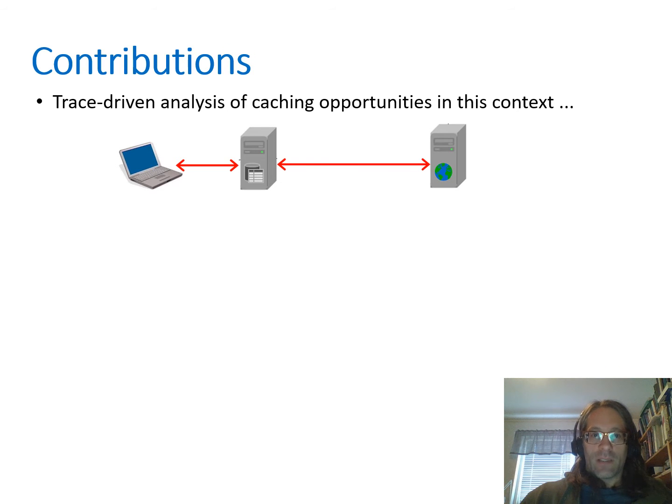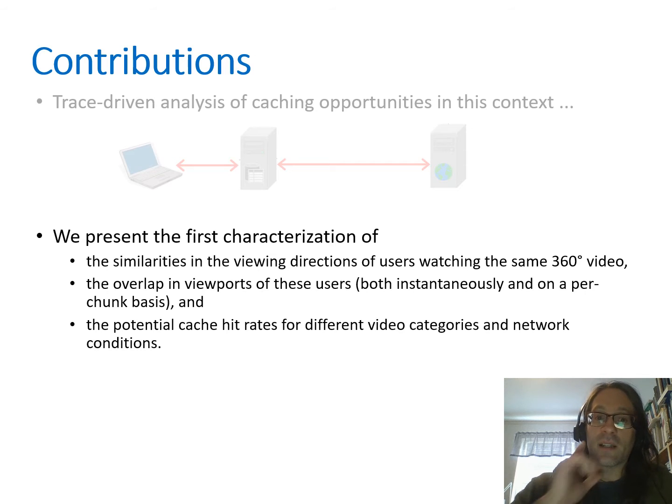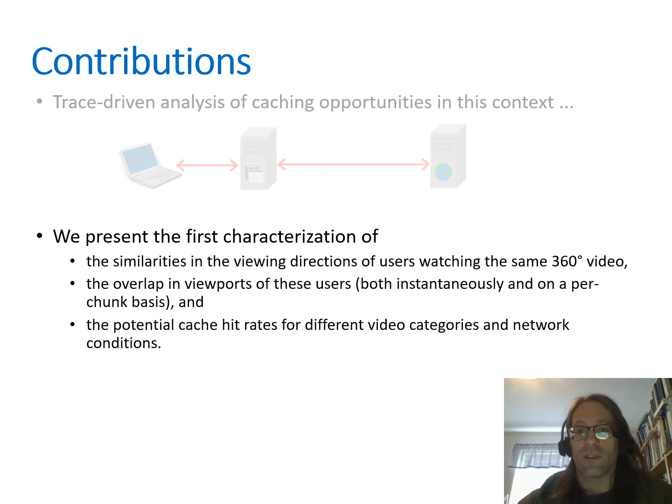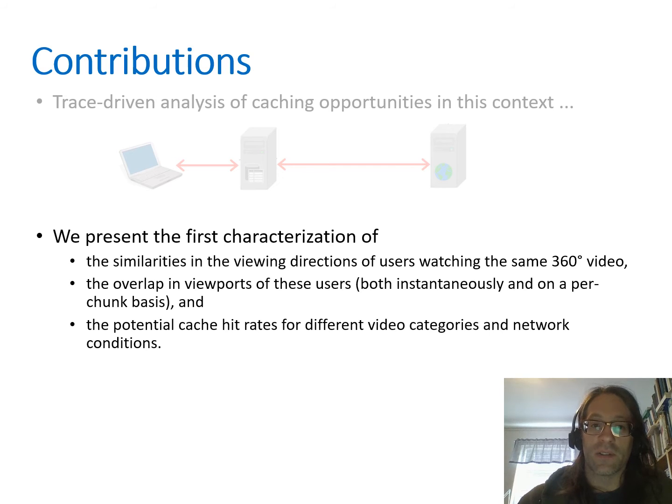So what we do in this particular work is that we provide a trace-driven analysis of the caching opportunities in this context. In particular, we present the first characterization of the similarities in the viewing direction of users watching the same 360 video, the overlap in viewports of these users, both instantaneously and on a per chunk basis, and finally, the potential cache hit rates for different video categories and network conditions.